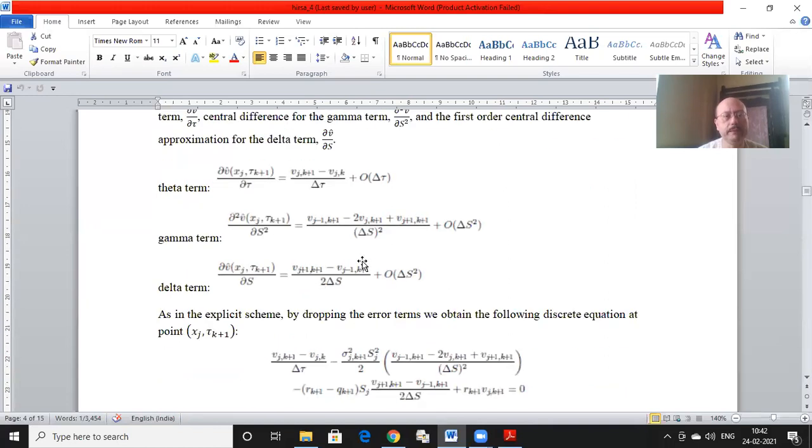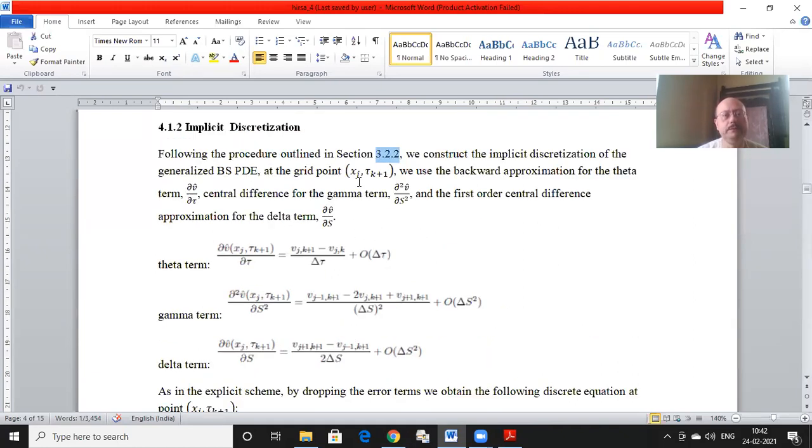Going one step back, the gamma term, second derivative, will be given by this central difference. So I am at xj, tau k plus 1. So I am using j minus 1, k plus 1 and j plus 1, k plus 1 on the two sides to get my central difference. And the delta term, using a similar approach, two steps, we will use j plus 1 and j minus 1.